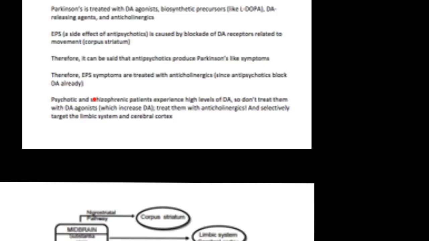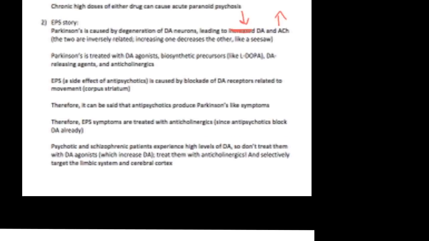Therefore, EPS symptoms are treated with anticholinergics. You can't really treat with dopamine because antipsychotics are already blocking the dopamine receptors. So it doesn't make sense to treat them with dopamine, therefore you treat them with anticholinergics. Remember, anticholinergics decrease acetylcholine, therefore increasing dopamine.